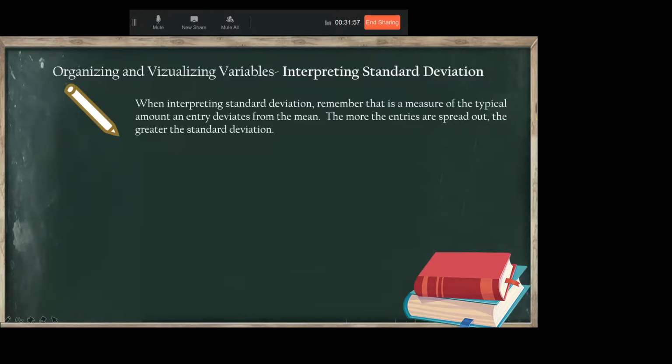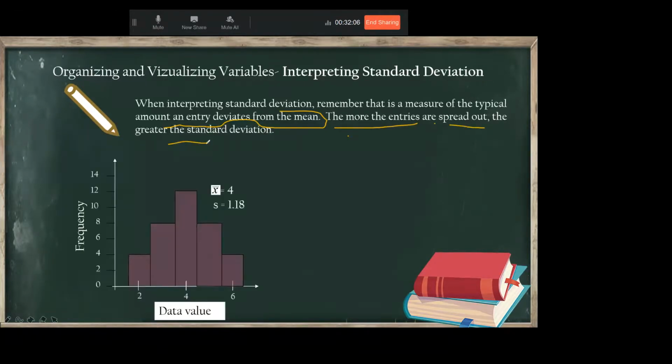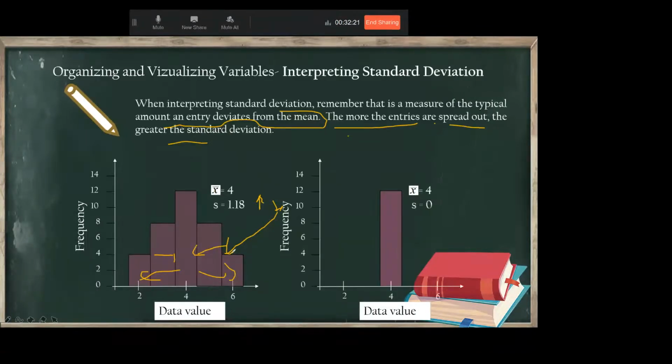You see it's the amount an entry deviates from the mean. The more the entries are spread out, the greater the standard deviation is. So if it goes in this way, this will increase. If it goes in towards the mean, this will decrease. Right? And similarly, this I already have shown you.